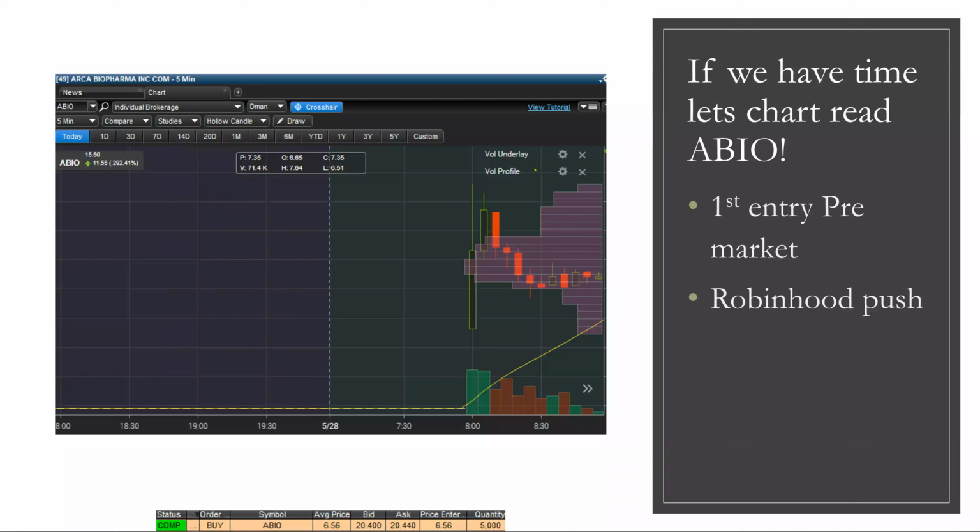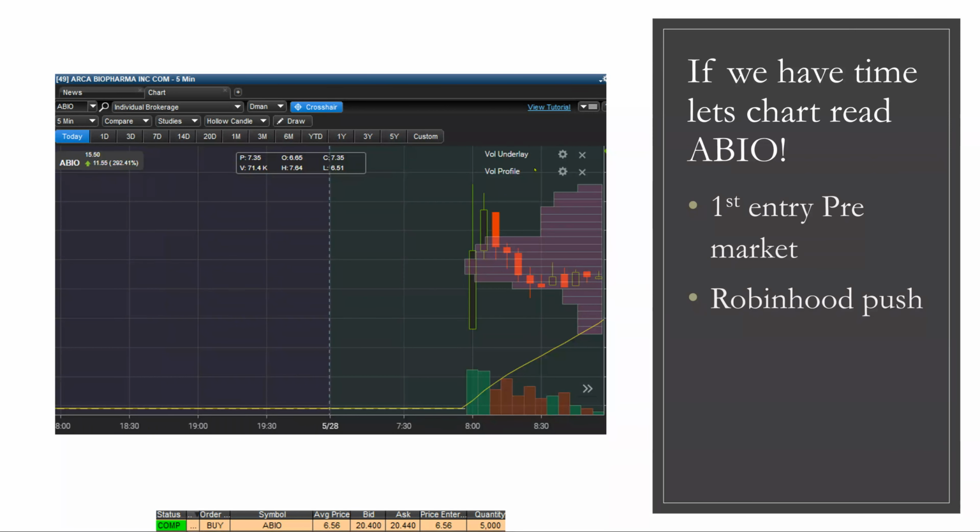Now, getting into pre-market, guys, most people are going to tell you do not trade pre-market and do not trade after hours. Can anybody tell me why? Why do most people tell you not to do that? Yeah, exactly. Very thin volume. It's just low volume. You get jumps all around.